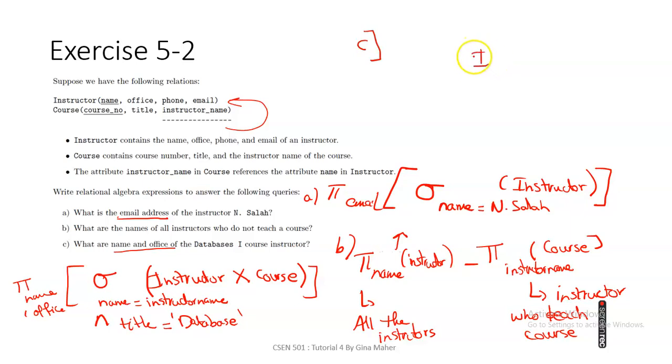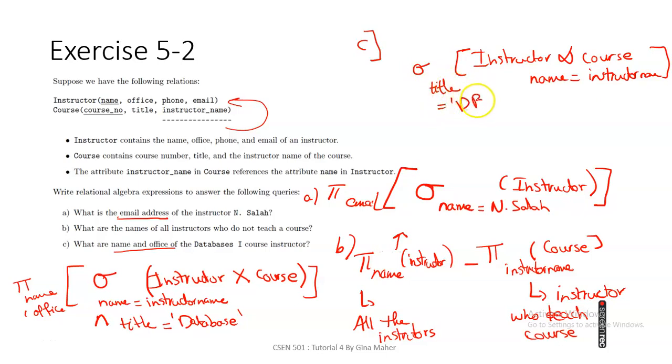So we can write instructor join course where the name in instructor equals instructor name, and select title equal DB, and then finally project the name and the office.